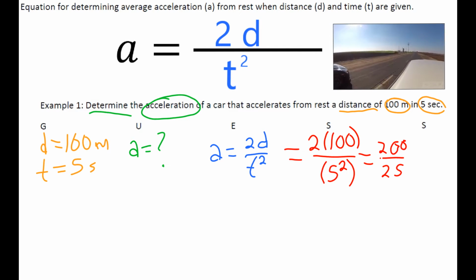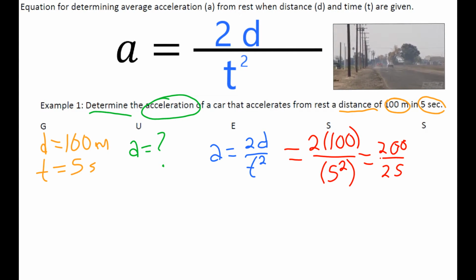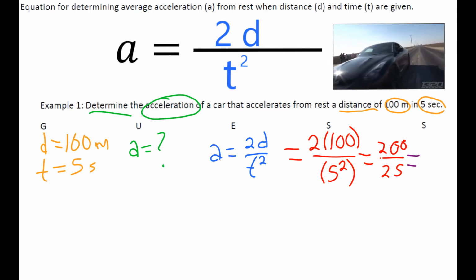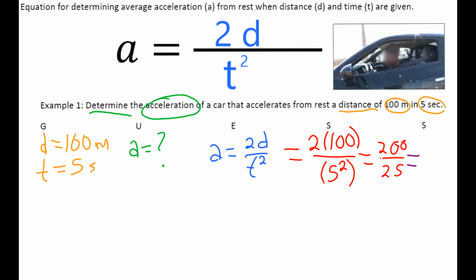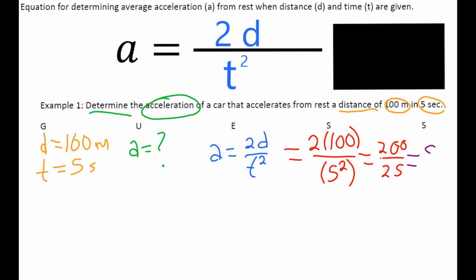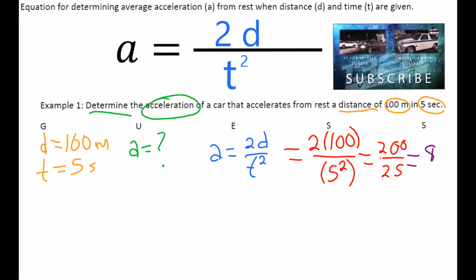Making my final step, which is to solve, I solve it. 200 divided by 25 is going to give me 8. That's 8 meters per second squared. And that is my acceleration for this problem.